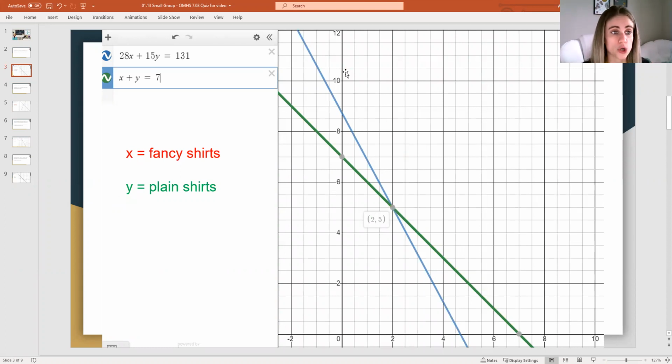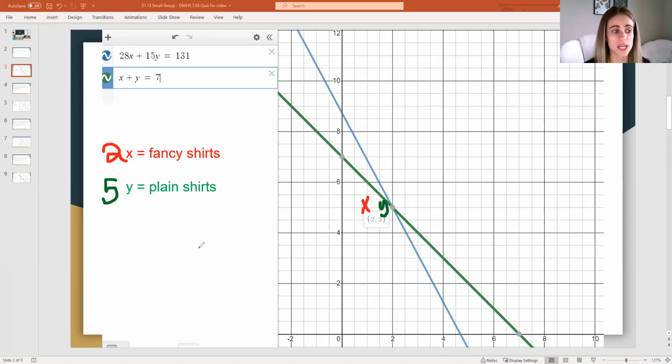All right, with ordered pairs, we always have our X first, which means 2 fancy shirts were purchased. And our Y is the second number, which means 5 plain shirts were purchased.